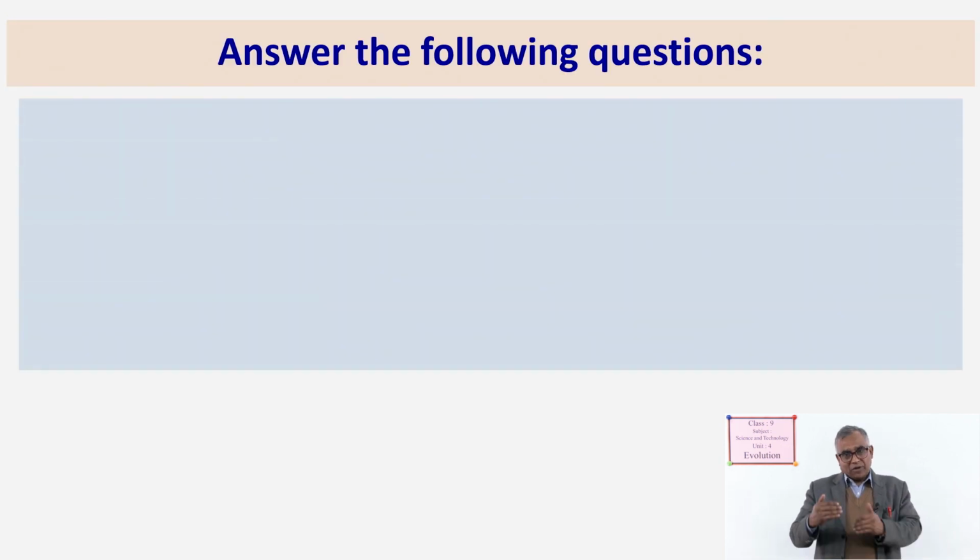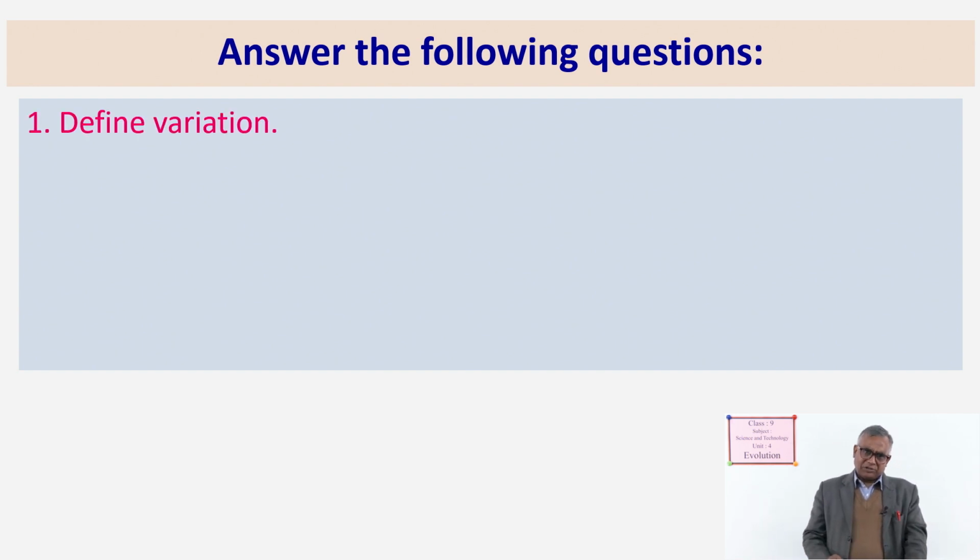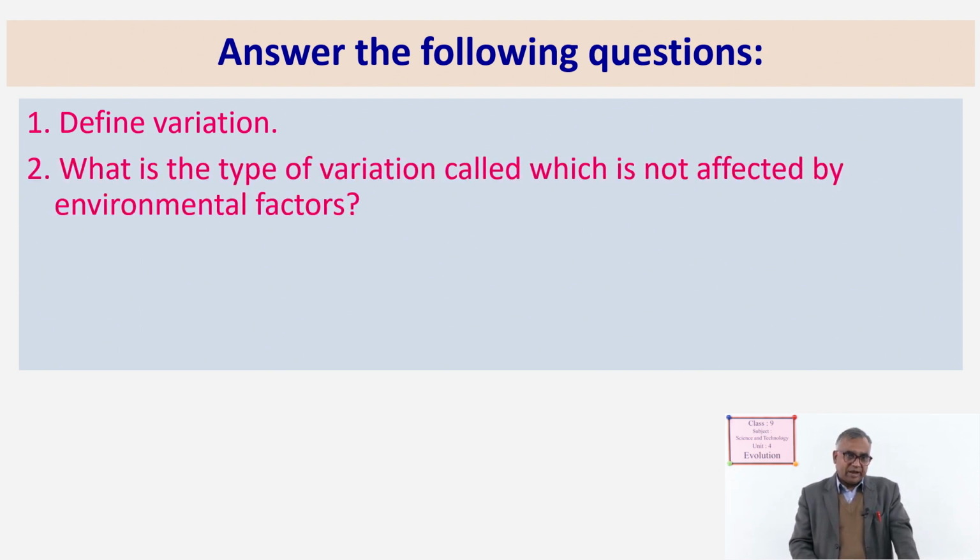Now, we have finished variation and its different types. Now, let's see what you have understood. Can you define variation? Very easily, yes, we can. The dissimilarity among the organisms of any species. What is the type of variation called which is not affected by environmental factors?